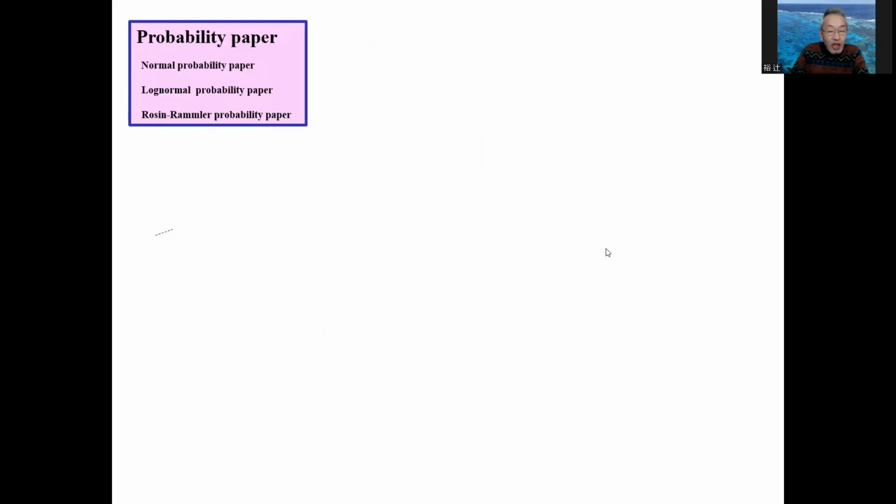From the explanation so far, you realize that the mean diameter mu and mu 0, standard deviation sigma and sigma 0, and median diameter d50, d84, d16 are key data. There are convenient papers for plotting measured values of the cumulative distribution.